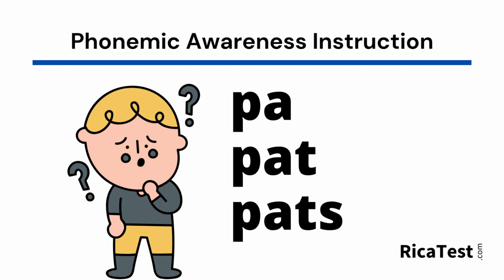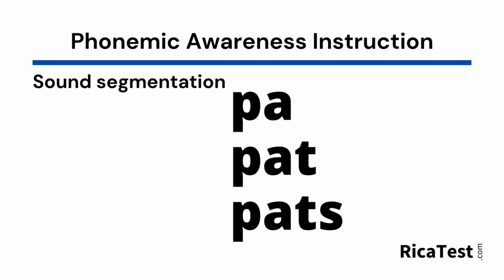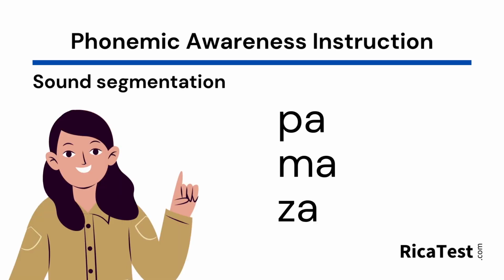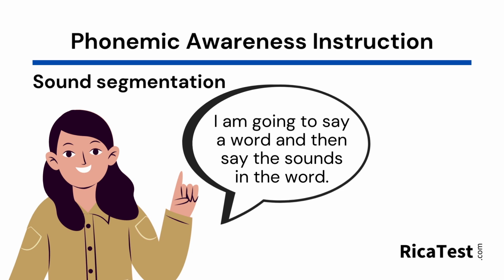In this example, this student is having a difficult time isolating and identifying the sounds in a spoken word. This example is the most important phonemic awareness building instructional strategy that you will absolutely need to know for your RICA test. For this reading need, the teacher will use sound segmentation, which is the ability to isolate and identify the sounds in a word. This is where the teacher gathers a list of words with only two sounds, and the teacher models the desired behavior by saying, I am going to say a word and then say the sounds in the word.